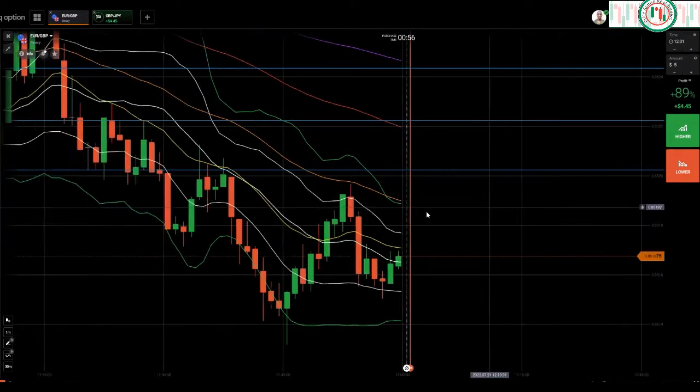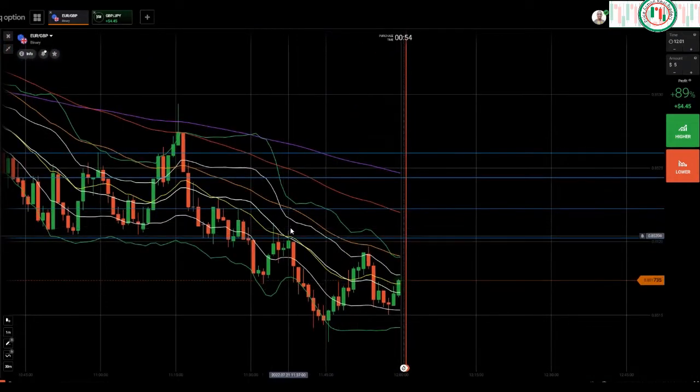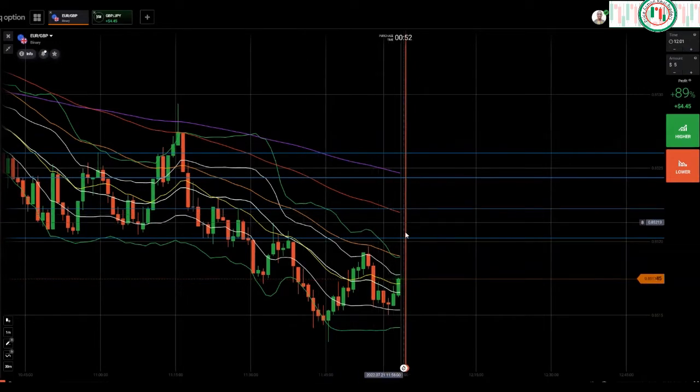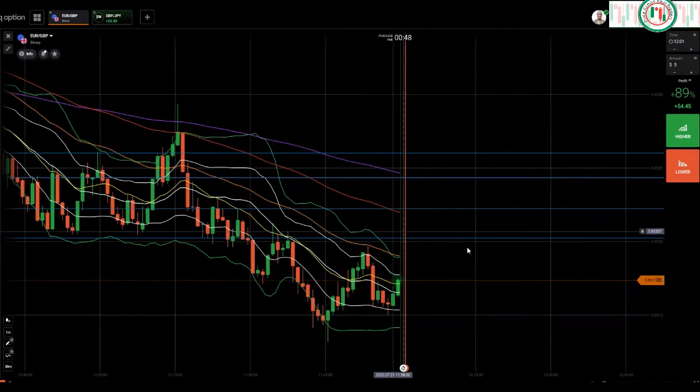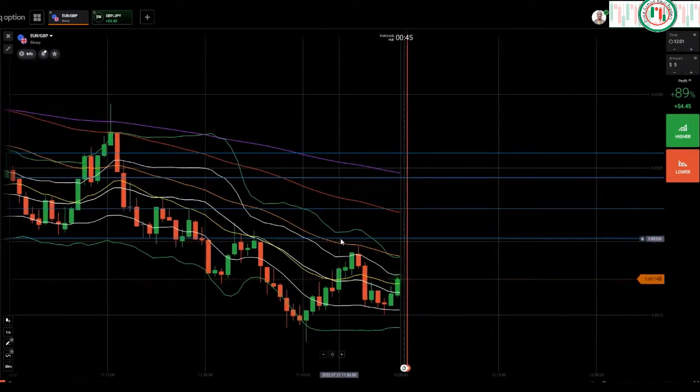So okay, let's continue. Here you wait for market to reach this zone, then you place your trade, and here you see another zone.